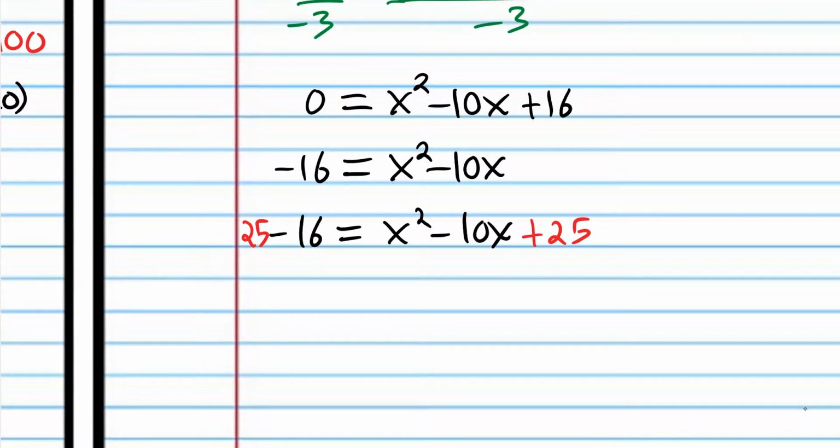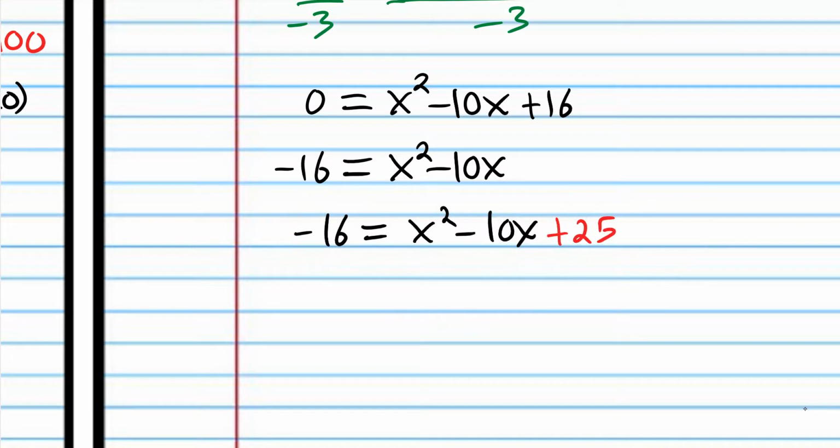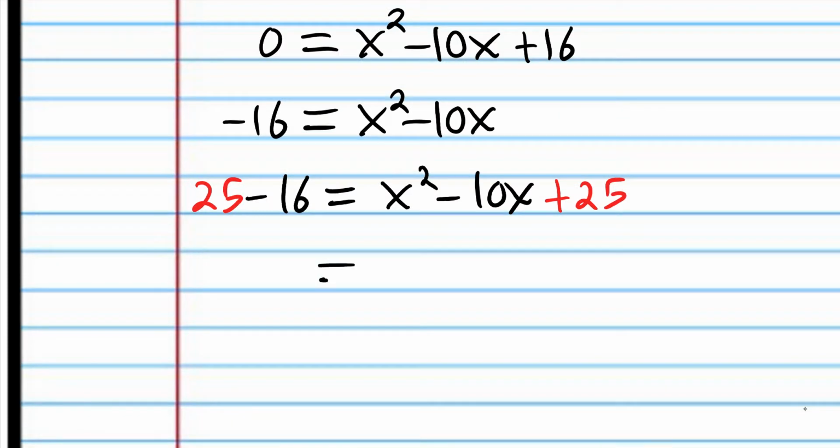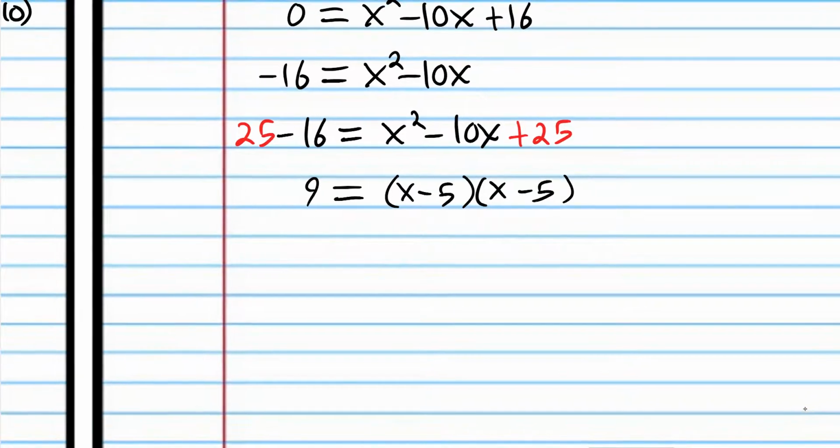I'm going to move this over a little bit. You want to try as hard as you can to make your writing legible, or else there's no point in even writing it at all. 25 minus 16 is 9, and that's a perfect square. We designed it that way to be a perfect square. So it's going to be x minus 5 times x minus 5, and we can put that into power notation.